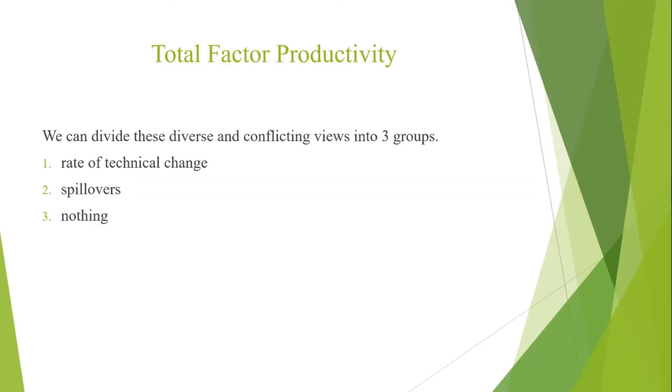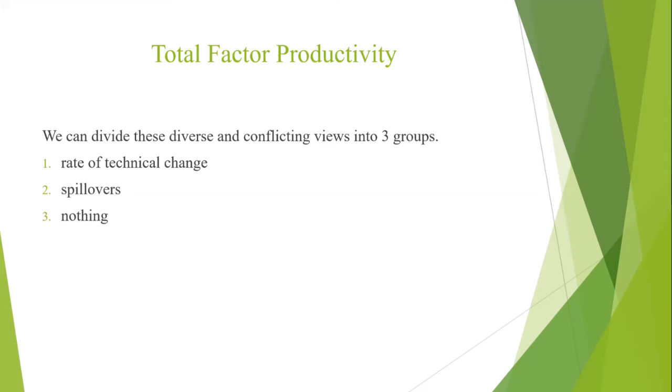There are diverse views about what total factor productivity actually measures, and these can be divided into three parts. The first group says that total factor productivity is the rate of technical change, that whatever technical change is there in the economy is measured by total factor productivity.